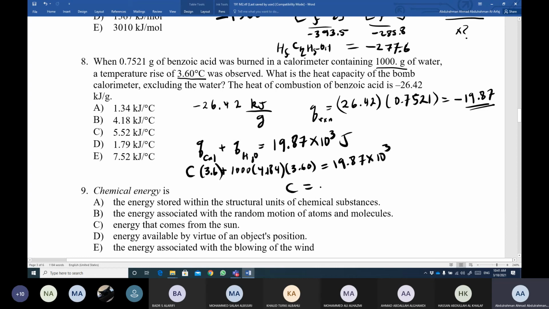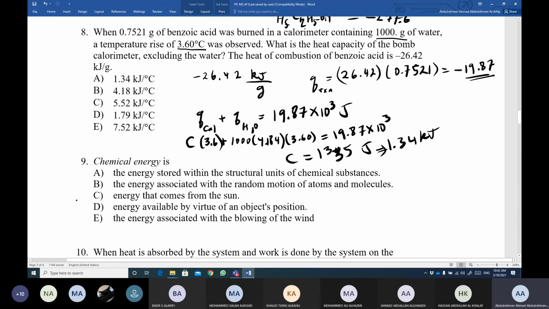What's C? 1,335 joule in this case, which is actually equal to 1.34 kilojoule. Good.